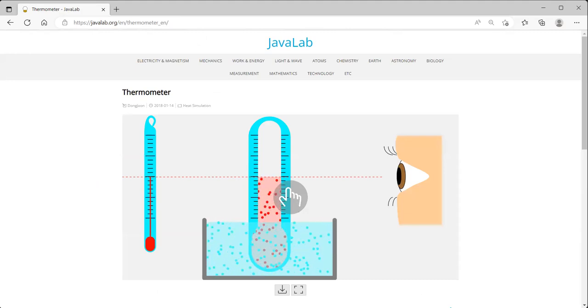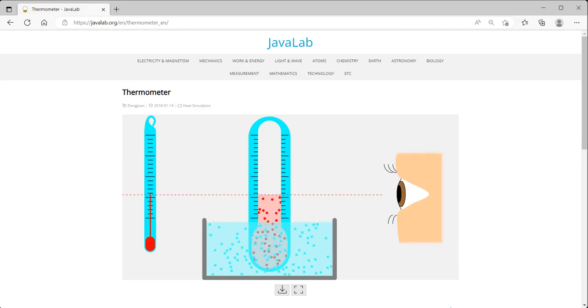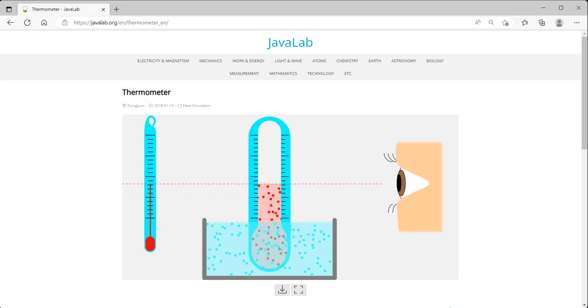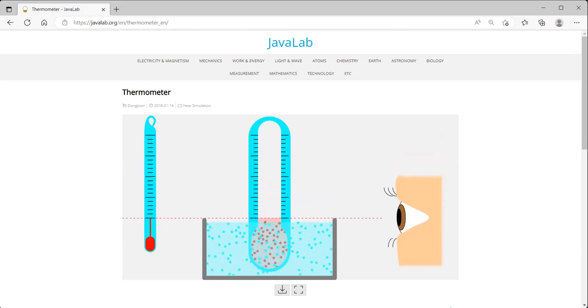Here you see on the left-hand side we have a thermometer, and the middle picture shows it on a bigger scale. In a glass thermometer or tube thermometer, this red part is mercury. Now what happens when the temperature increases?